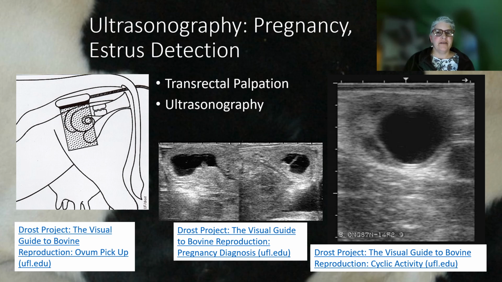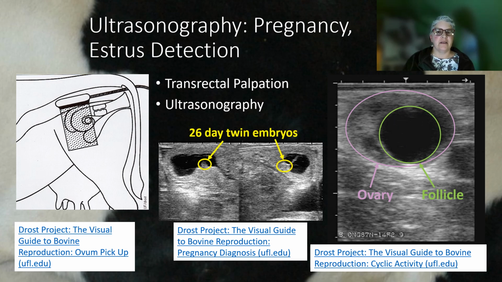So ultrasonography is used both in pregnancy diagnosis and in estrus detection. This cartoon here is showing the placement of the transrectal ultrasound probe imaging the uterus and the ovary. Ovary's right here. If you're doing estrus detection and you looked at that ovary, here's an ovary on ultrasound, and this black space is a fluid-filled follicle that's ready to ovulate.